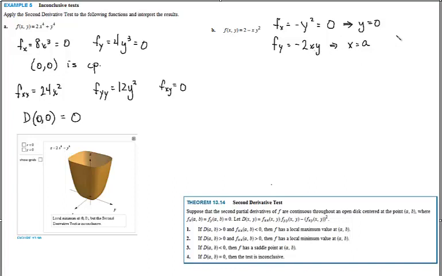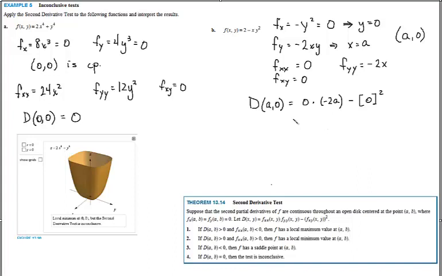So my critical point is then (a, 0), where x is any real number. So let's try and get the value of, I'm going to go ahead and do my second partials, and then I'll get the value of that discriminant. Alright, what I'm going to get is 0, and once again the test is inconclusive.